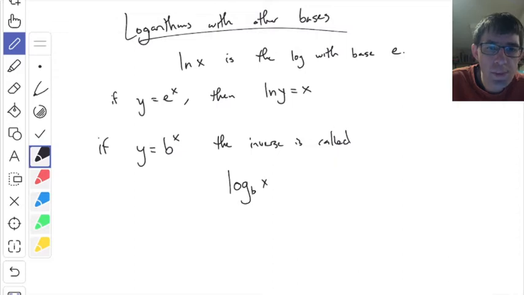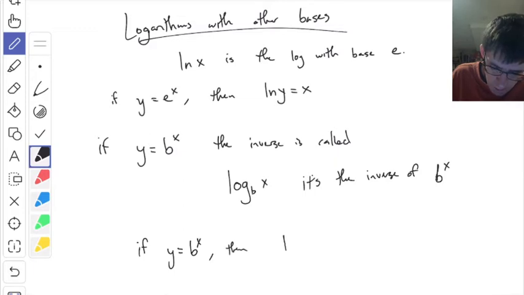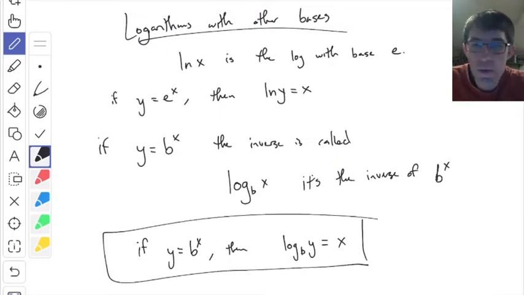Log with base b of x is the inverse of b to the power x. That's the definition of what log base b of x means. So if y equals b to the x, then log with base b of y equals x.